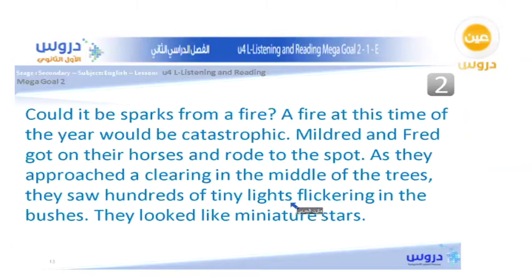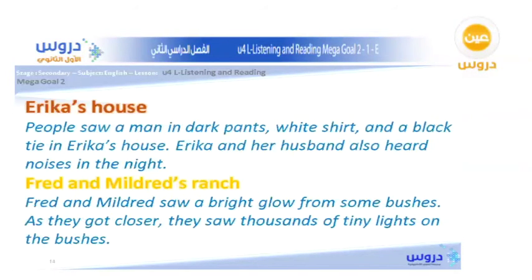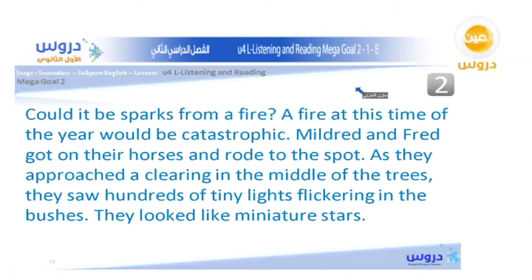This is about a couple who lives in the center of the woods, and they actually saw lights coming from 100 yards away, so they rode their horses and went there and actually saw hundreds of tiny lights flickering around the bushes, around the trees.